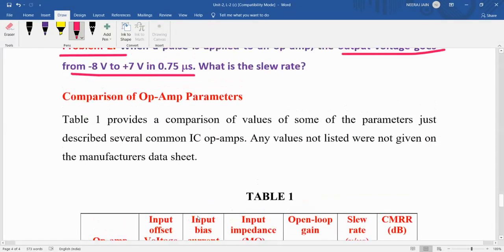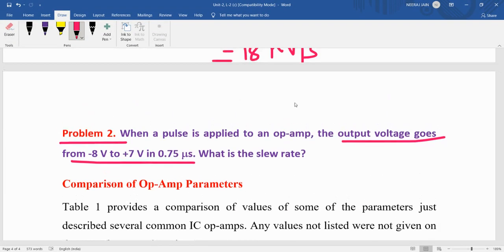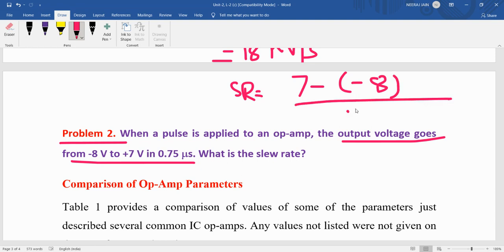The slew rate can be calculated by the same formula. Change in output, 7 minus (minus 8), upon the time of 0.75 microsecond, by which we can calculate the slew rate.